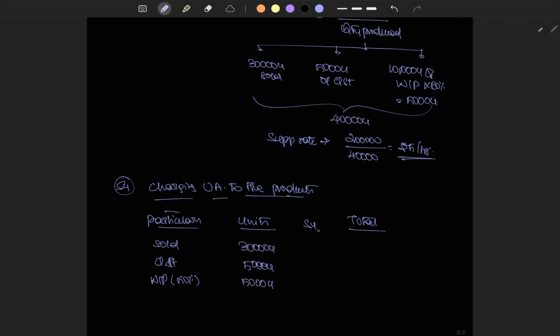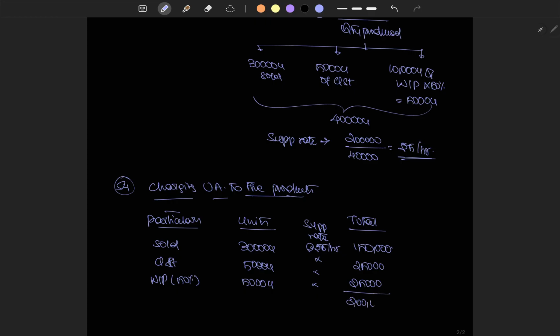So our supplementary rate is rupees 5 per hour. Okay, so 1,50,000 is charged to sold units, 25,000 charged to closing stock, 25,000 charged to WIP.